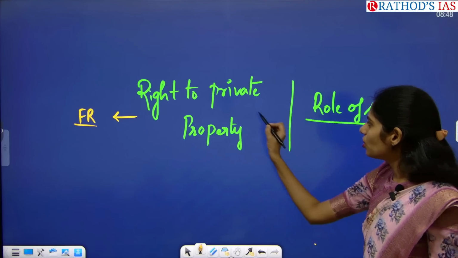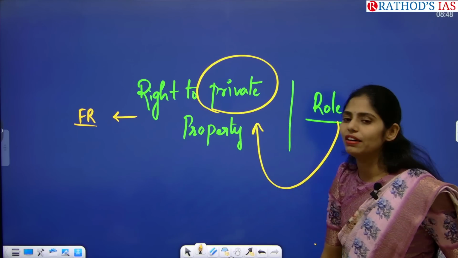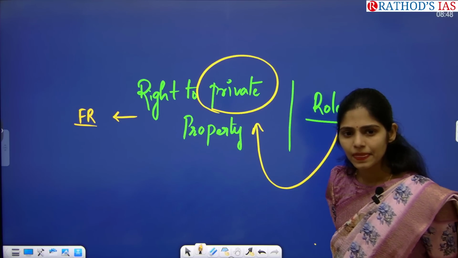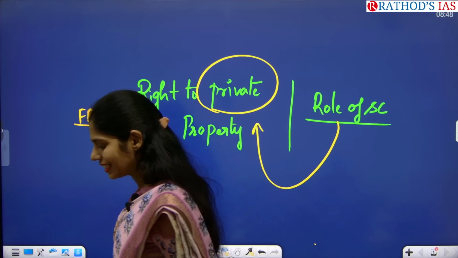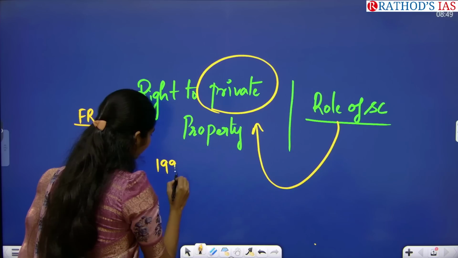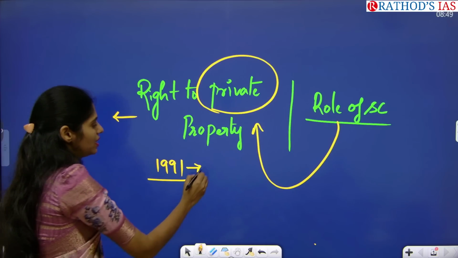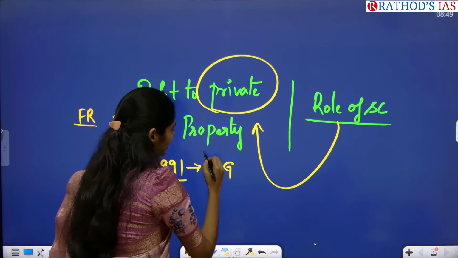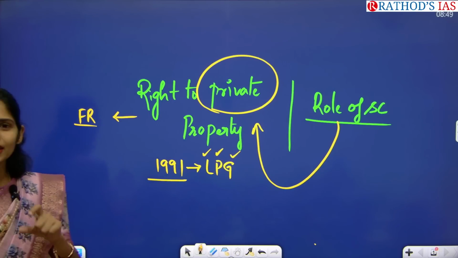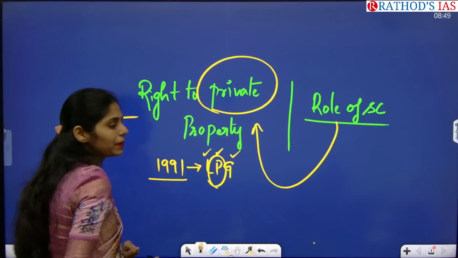Okay. So here, why does the Supreme Court now say that the state doesn't have the power to acquire private property? What is the reason? Can you guess at least? So what happened in 1991 in India? LPG reforms. LPG stands for liberalization, privatization, globalization. That means we are making our policies liberal and we are encouraging private people, right?